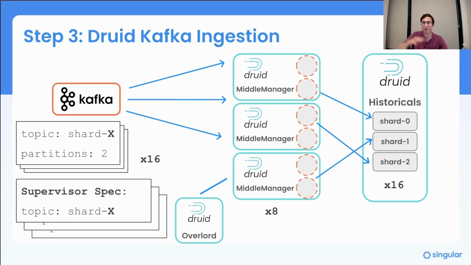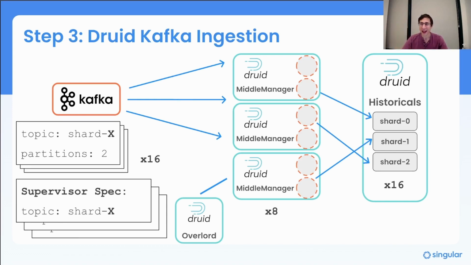So it's kind of this big resource weighing game, right? You have your concurrency level on your stream, which is your topics and your partitions, and you have a concurrency level and amount of compute resources necessary in your ingestion and in your middle managers, which is the number of middle managers and your ingestion tasks.